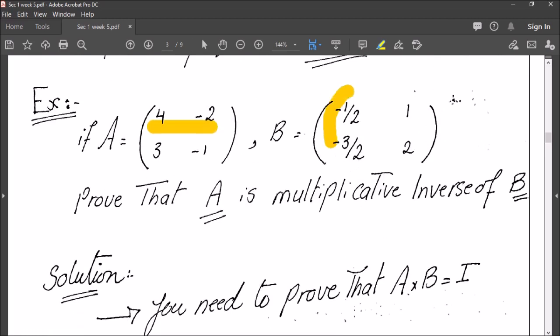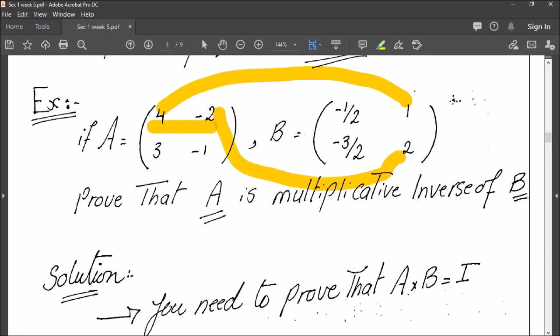We studied the multiplication, so 4 multiplied by negative half plus negative 2 multiplied by negative 3 over 2. Did I finish our columns? No, there is another column. So the same row times this column, 4 times 1 plus negative 2 times 2.